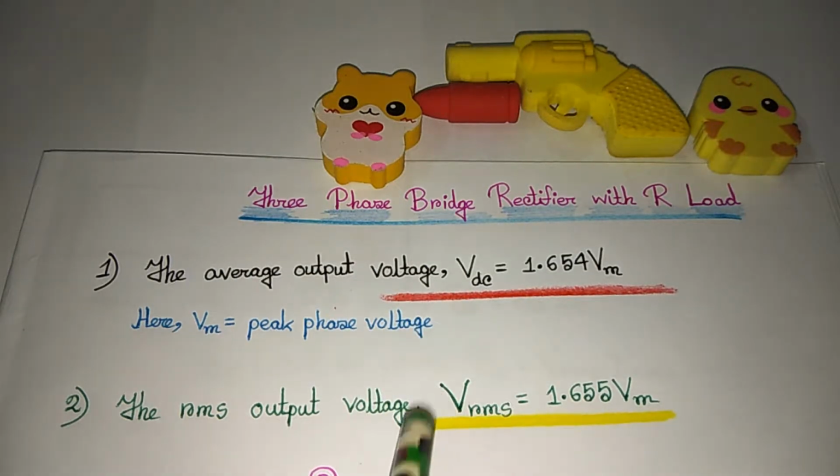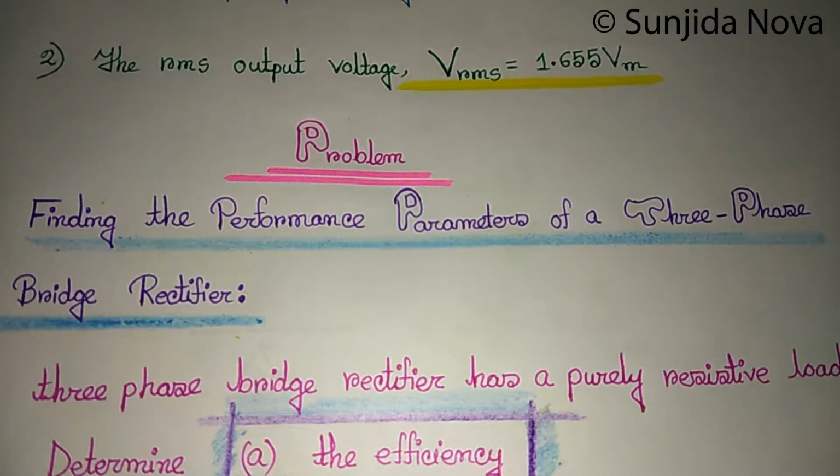From here we can easily find IRMS, because as they are in phase, we can write IRMS equals VRMS divided by R. Okay, let's solve one mathematical problem.